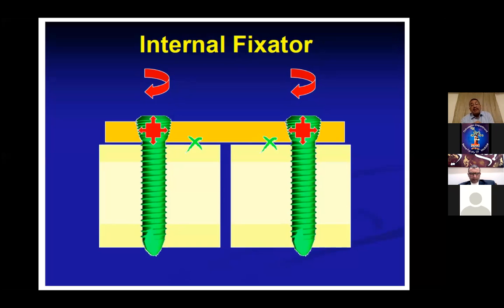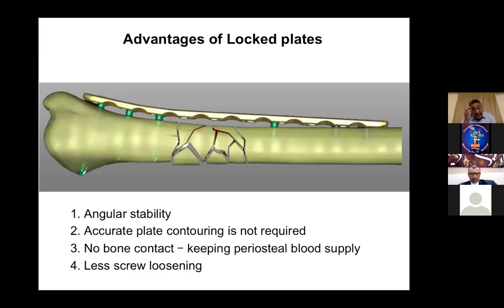You don't need to have your plate 100% adapted to the bone. It acts as an internal fixator. And they act actually as a single beam construct. And they resist the shear forces across the plate-bone interface. And in order to fail these plates, you have to shear all the screws from the bone.